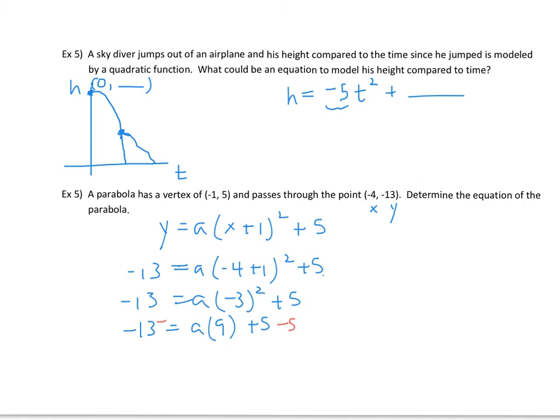That would be negative 18 equals 9a. Divide both sides by 9. And our a is equal to negative 2. So therefore the equation is y equals negative 2 bracket, and we go back to our x plus 1 squared plus 5.